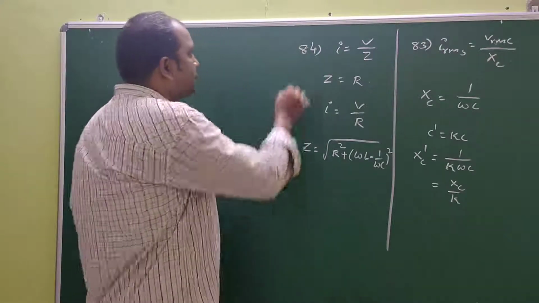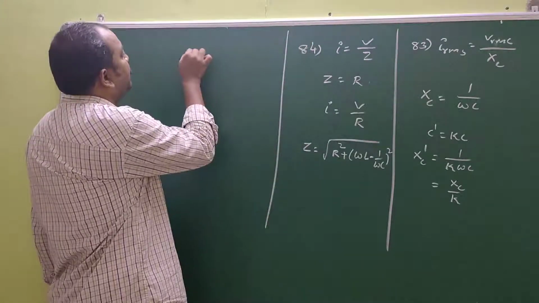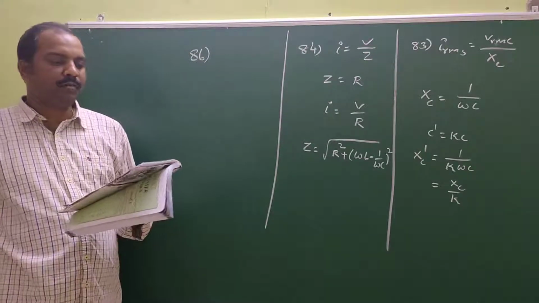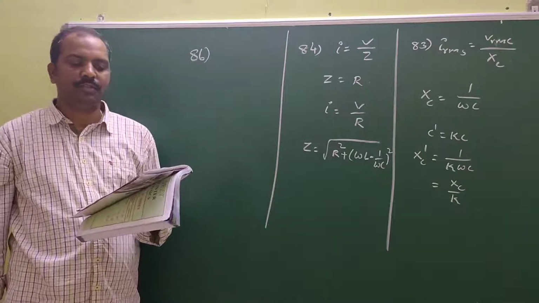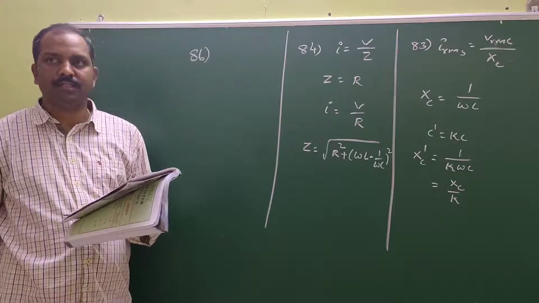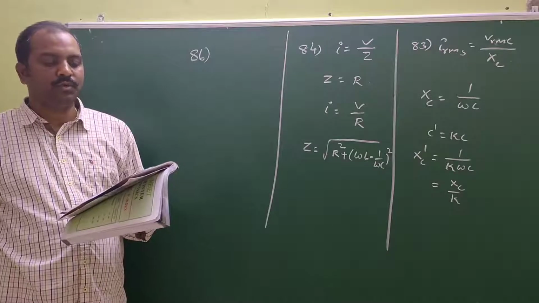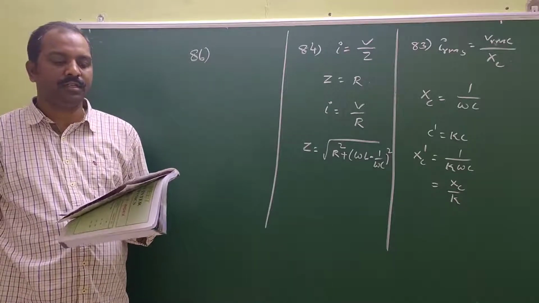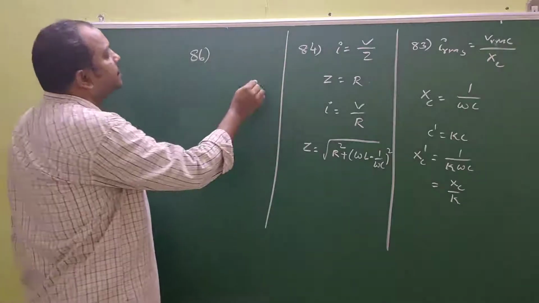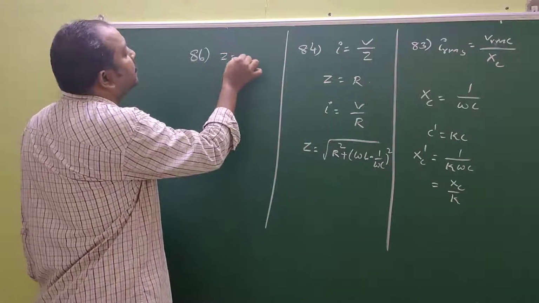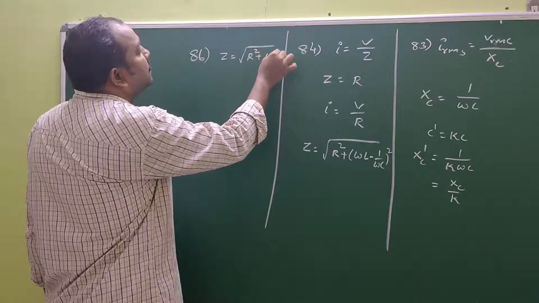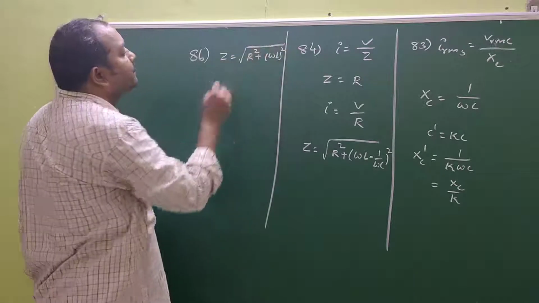So next question is 86. The power factor of an AC circuit having L and resistance connected in series to an AC source of angular frequency omega is given by. It is an LR circuit. Impedance of the circuit is equal to under root of R square plus omega L whole square.